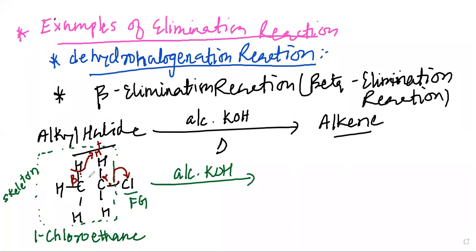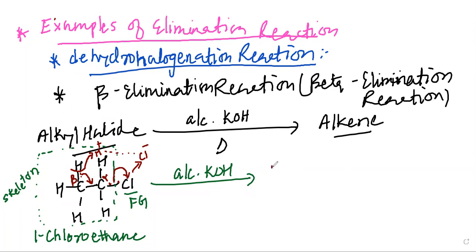It has got 2 electrons. There is a bond over here. These 2 electrons from the beta carbon and hydrogen bond make the carbon-carbon double bond. And ultimately, this hydrogen is removed as an H plus. This Cl goes as a Cl minus. And this H plus and Cl minus give us HCl as a product.